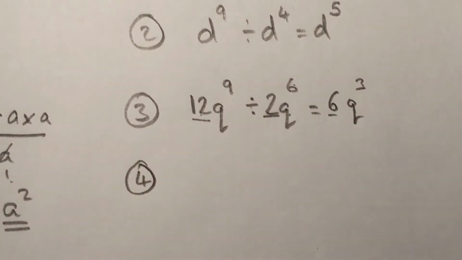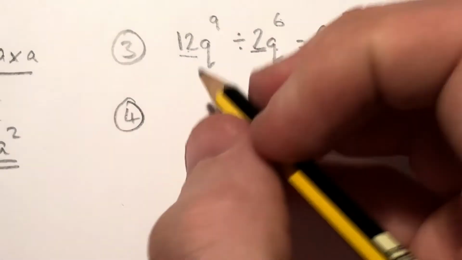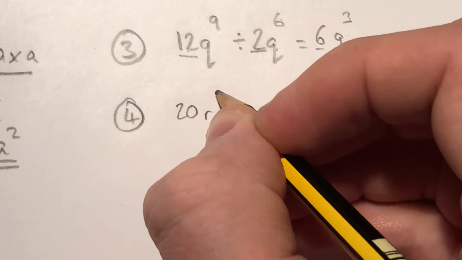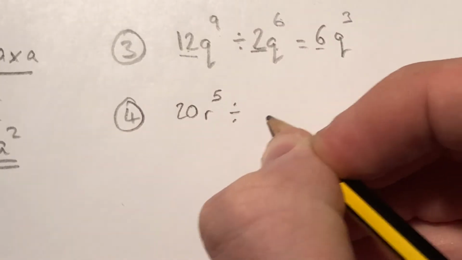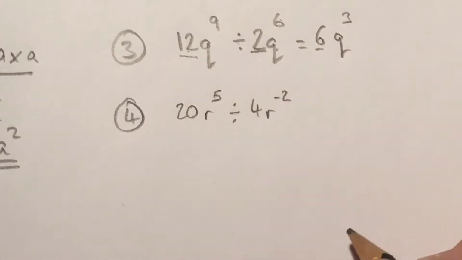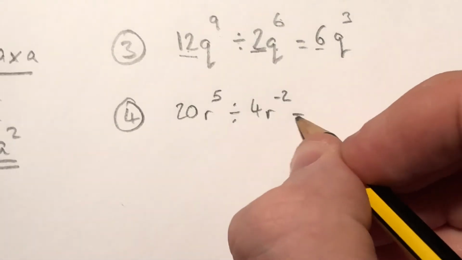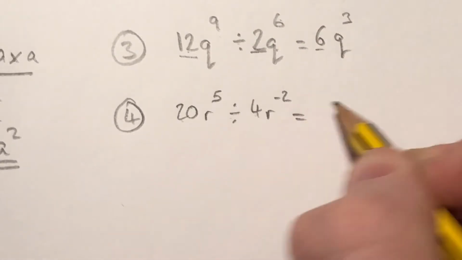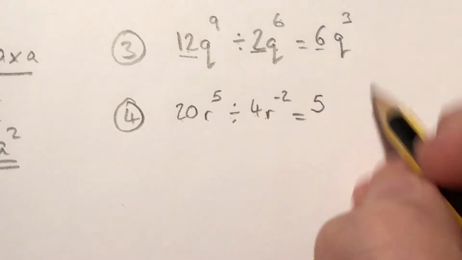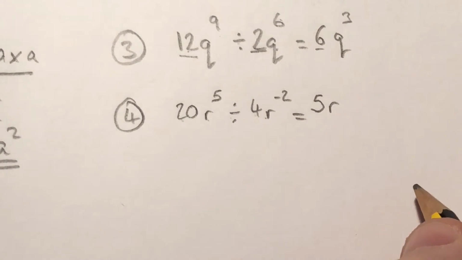Let's just make sure we definitely know what we're doing here. Let's say we have 20r to the power of 5 divided by 4r to the power of negative 2. Again, 20 divided by 4 gives us 5. We're happy with that. We know that the same base, so we'll just put an r next to it.